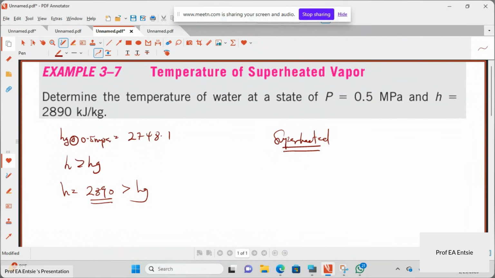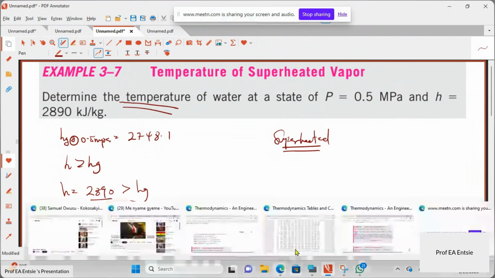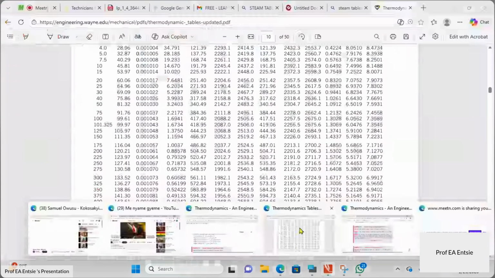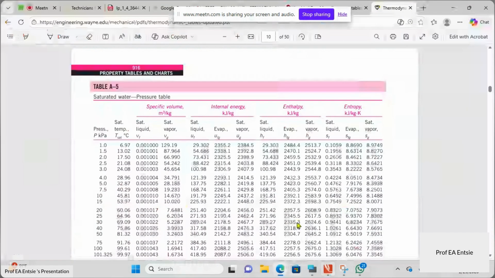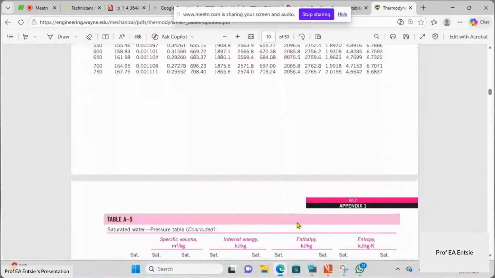So I'll quickly come to the steam table again. By this time, move away from saturated water because I've already been able to bring out where our saturated water actually is. Saturated water is like the water which is not about to condense, right? So we want to know the state. That's the original water. We found it, and upon the properties we had, it is now in the superheated phase.